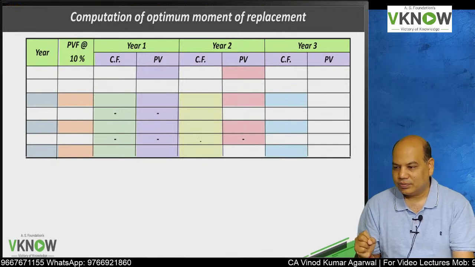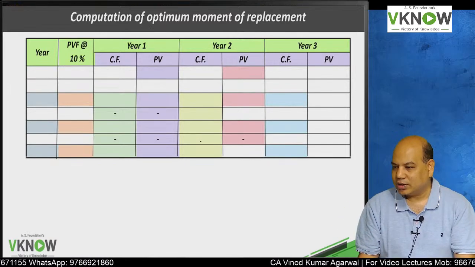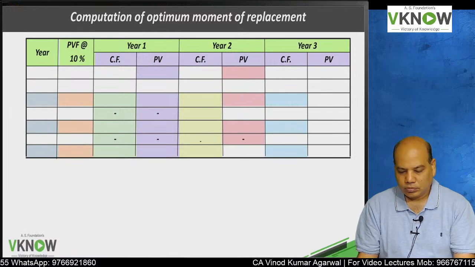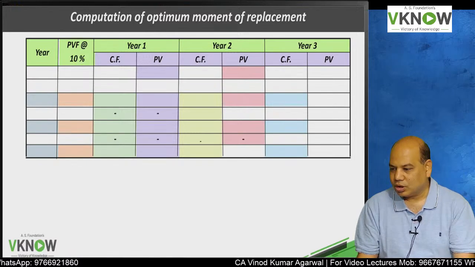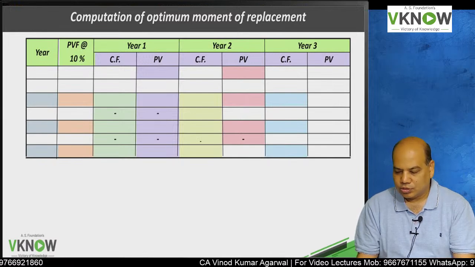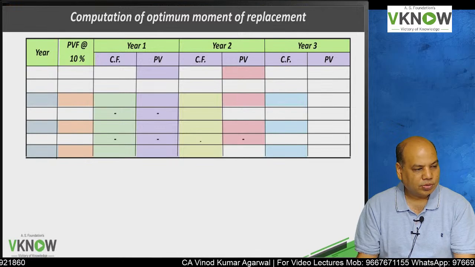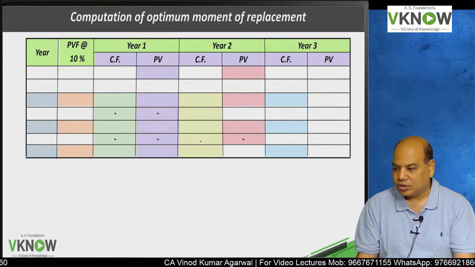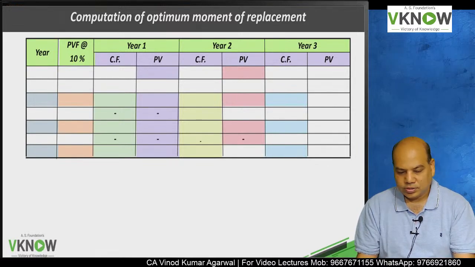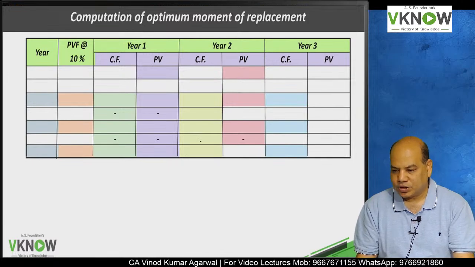Right, year, present value factor at 10%. Then write year 1, 2 columns, cash flow, present value, year 2, 2 columns, cash flow, present value, year 3, 2 columns, cash flow, present value.